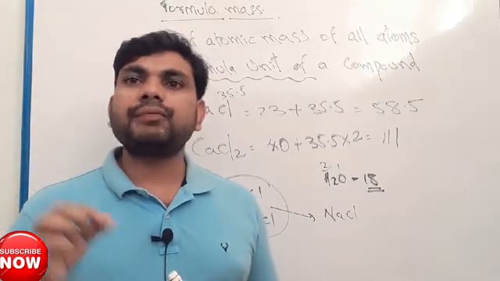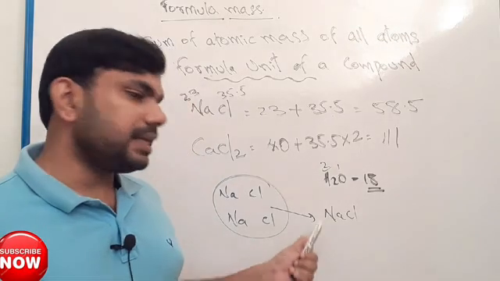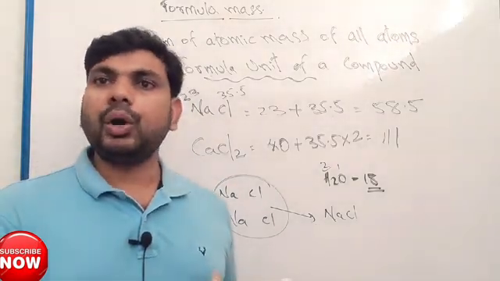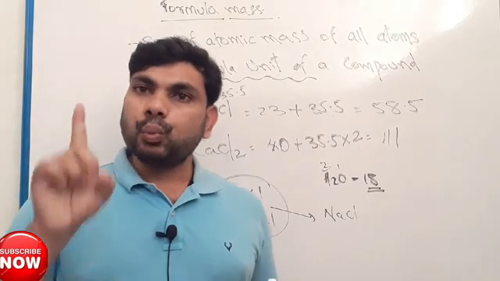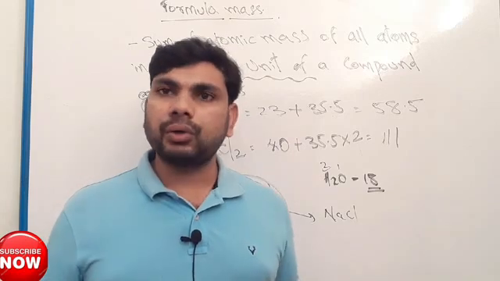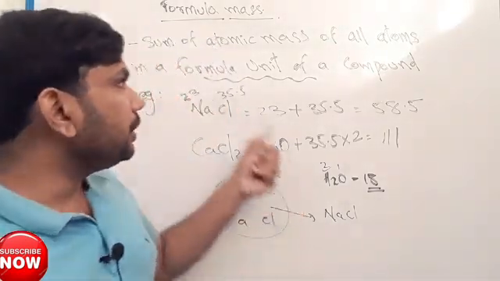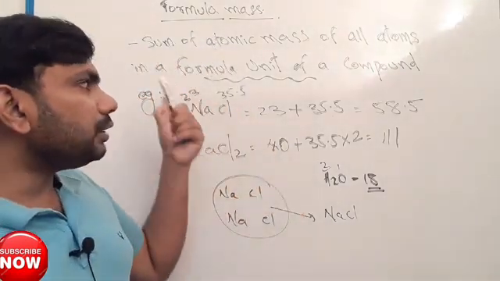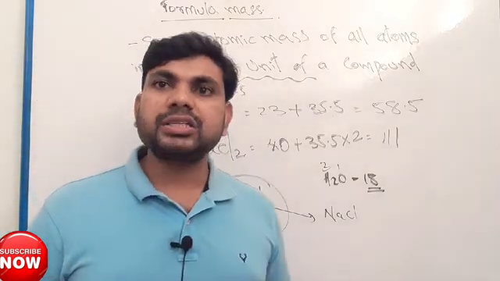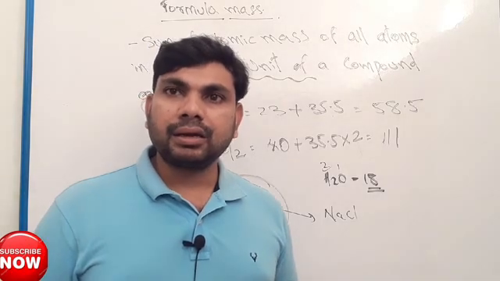Formula unit of sodium chloride is NaCl. It contains sodium and chlorine only, no other atom. That's why we will use this term formula unit of sodium chloride.